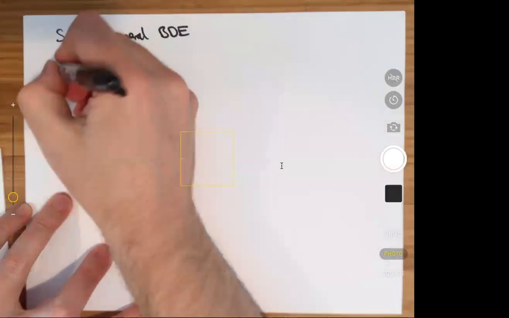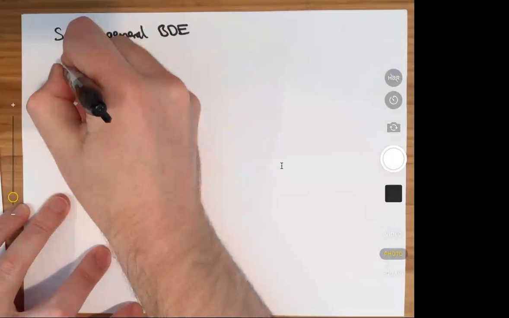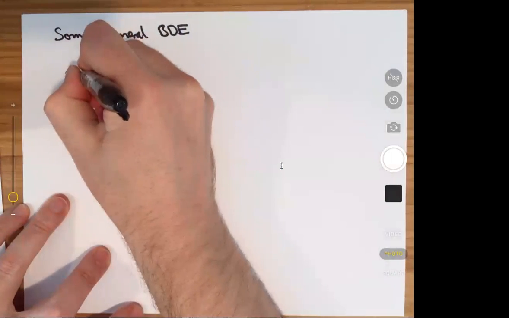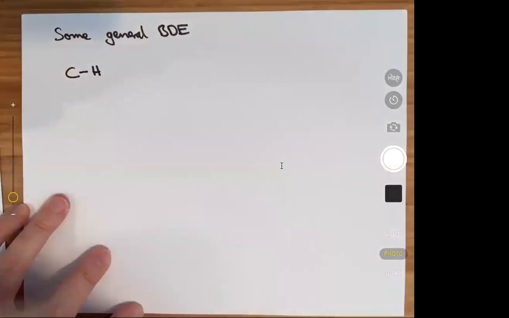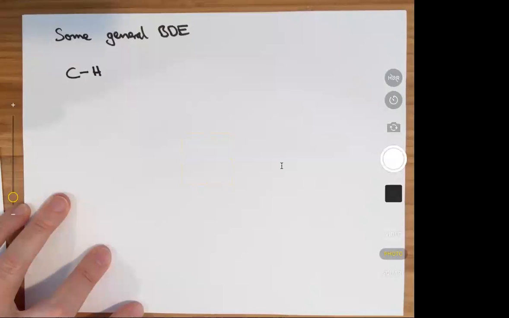The ones we are most interested in organic chemistry are the carbon-hydrogen bonds, because that's usually the bond that is getting activated in our system.